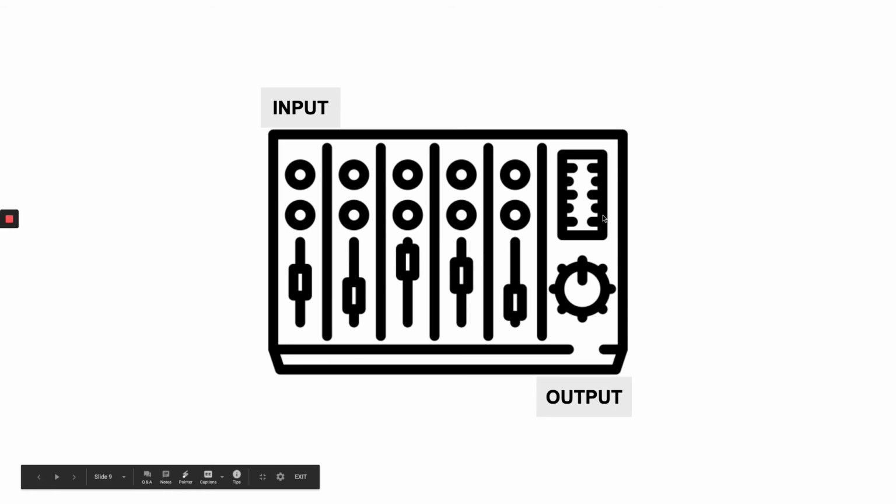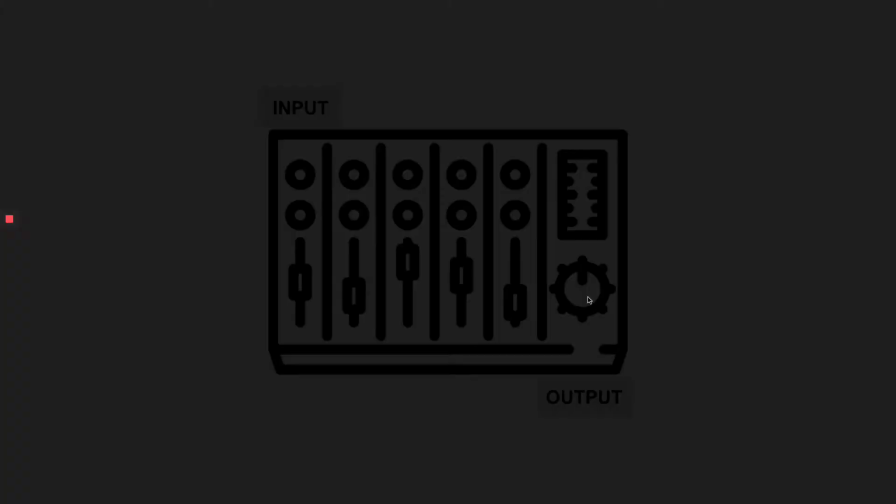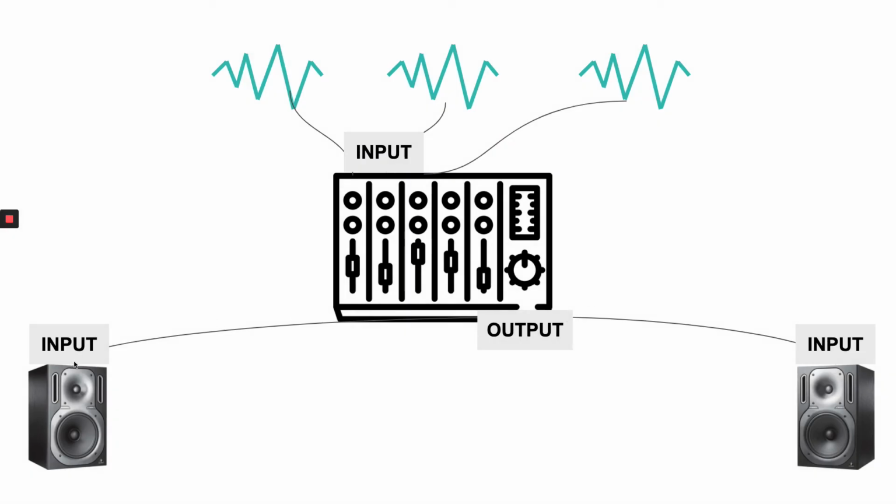So the sound has gone in through the different channels, and then it's going to come out of the output to the speakers. And speakers themselves also have an input where the sound comes from the mixing desk and in to the speaker. And then the speaker's output is the sound that we get out of the device at the front. So that is the entire journey of the signal chain with both inputs and outputs.